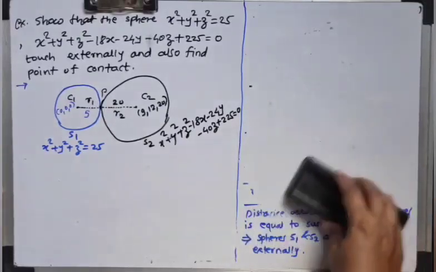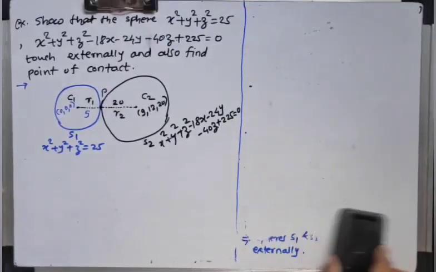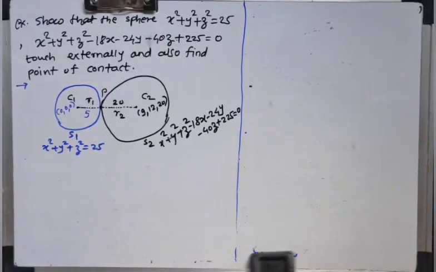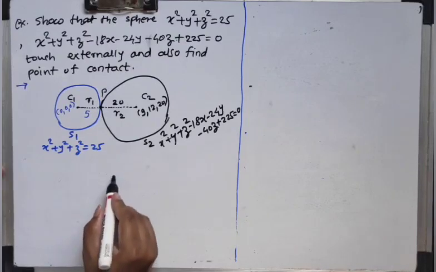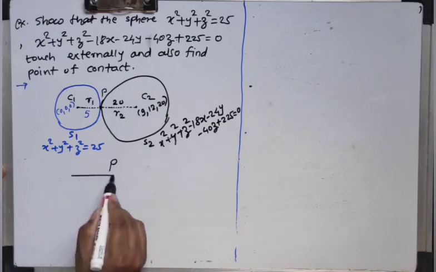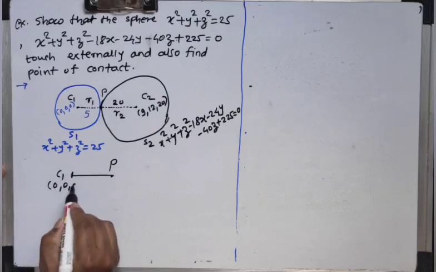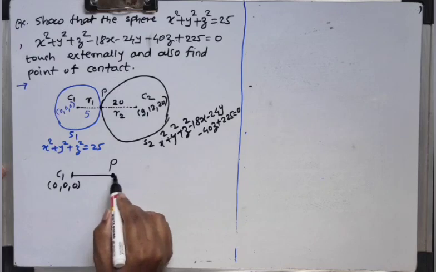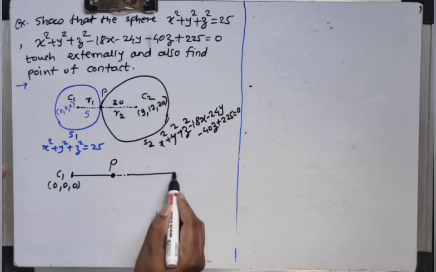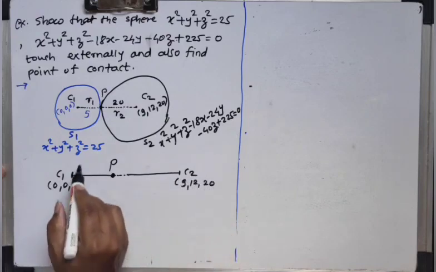So to find out this point of contact, let us draw one more diagram, and you must know the section formula for this. This is the point of contact. Here it is a center C1 whose coordinates are 0 0 0, and this is the center C2 whose coordinates are 9 12 and 20.